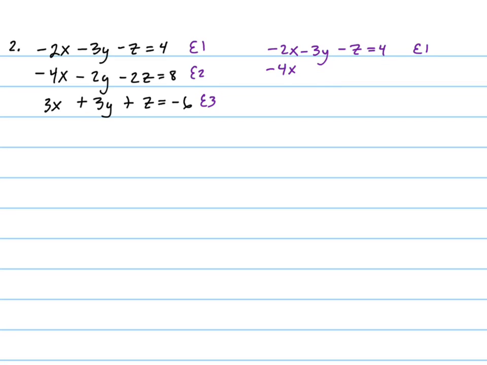I want to do that with 3. So 3x plus 3y plus z is negative 6. So that's equation 3. And notice our z values are opposite. We have a minus z and a plus z. So when we add these together, we're going to get 3x minus 2x is x. Oh, and actually the y's canceled as well.